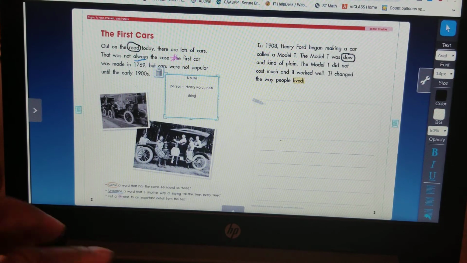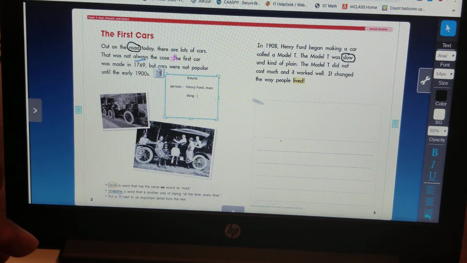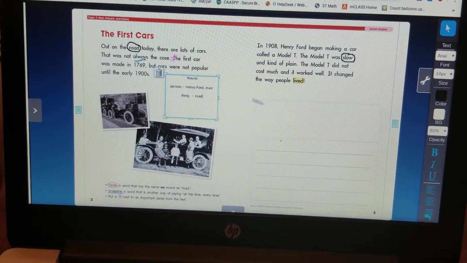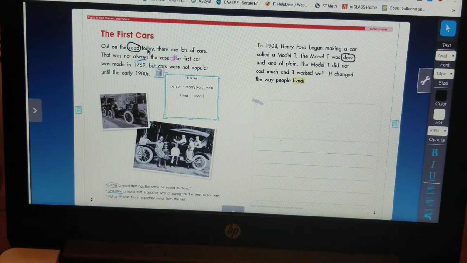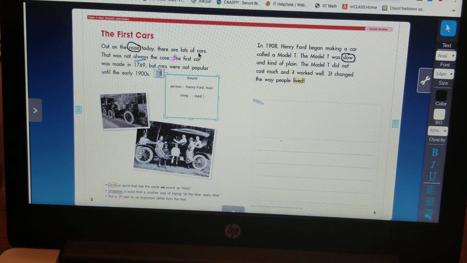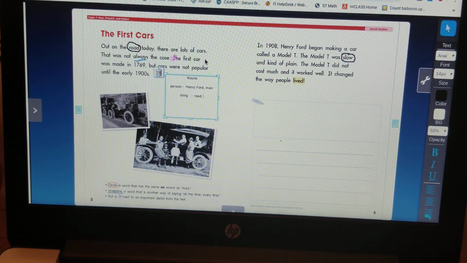Now, like I just said, a noun can be a person, a place, or a thing. Let's do thing. Can you find the name of a thing in the story? Yeah, road. We wrote that. We circled that. A road is a thing. Can you find anything else? Out on the road today, there are lots of cars. Cars. Yes.